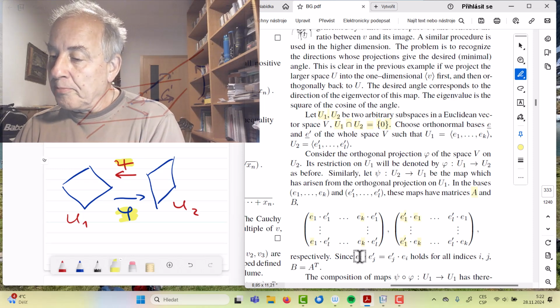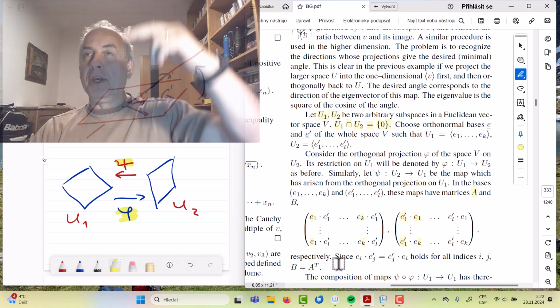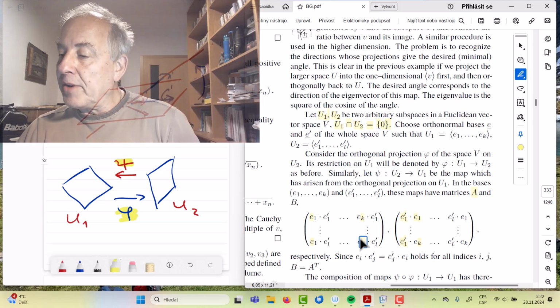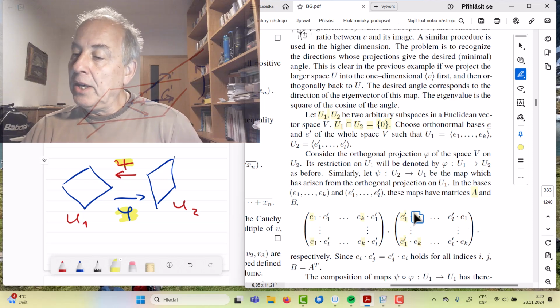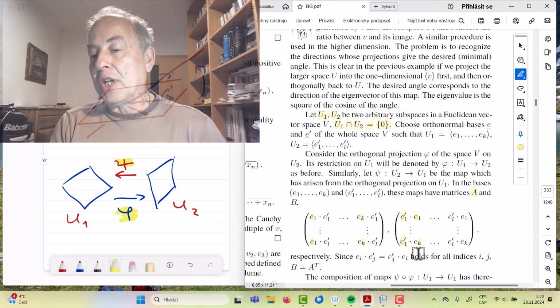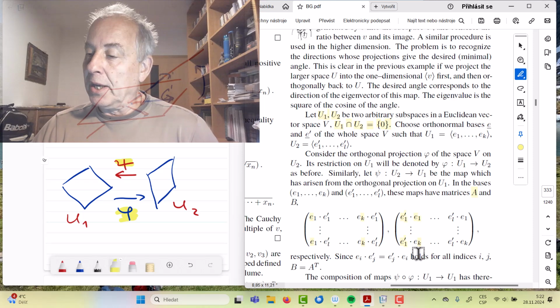But of course, also here we have got L lines, because it's the number of the elements in the base of the target of phi. Whereas here we have got K, which is the number of basis elements in the U1, the target of psi.